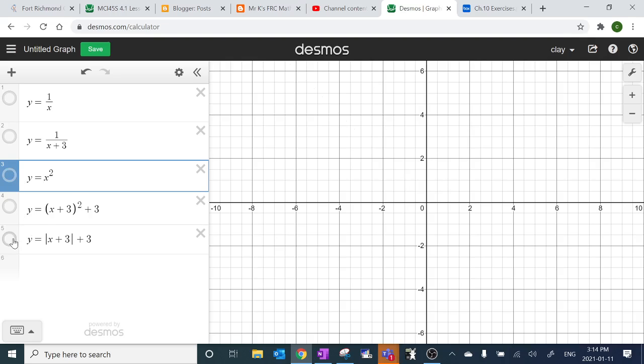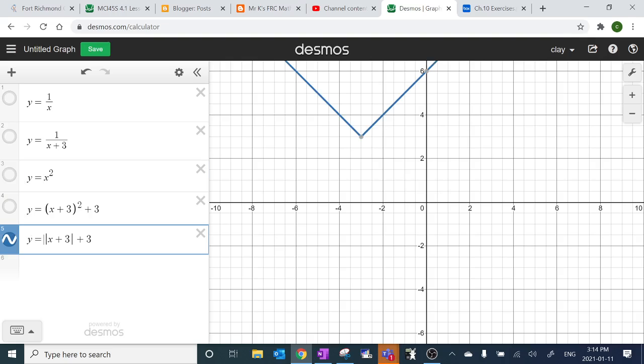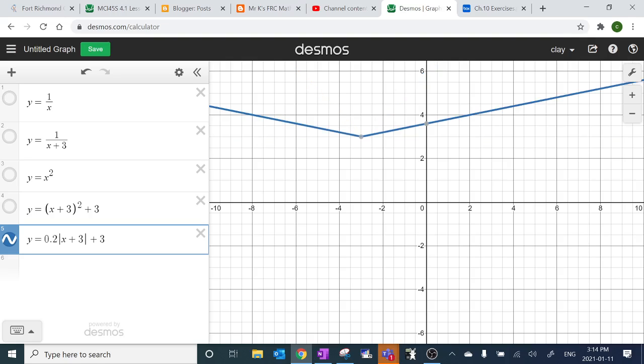If I have an absolute value graph here, and I put another 3 on it, it gets skinnier. How would I make it wider? Do you remember how to make it wider? What kind of a number would I have to put where the flashing cursor is to make that a wider graph? Yeah, put in a fraction. So how about 0.2? There we go. Oh, look at that. It's super wide now. Okay, good. You get the idea.